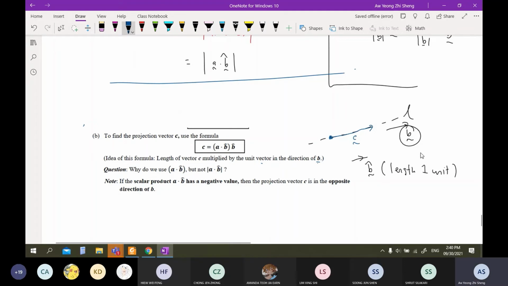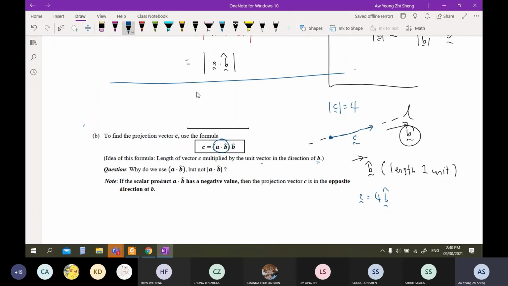Okay, so if I give you some numbers, if I say length of C is equal to 4, then vector C is just 4B hat. Right, because B hat has length 1 unit. So it's the same idea here. Okay. So what is A dot B hat?